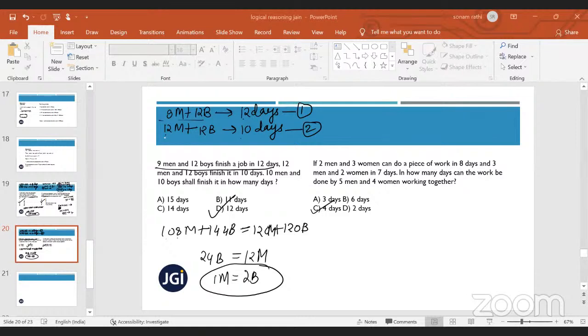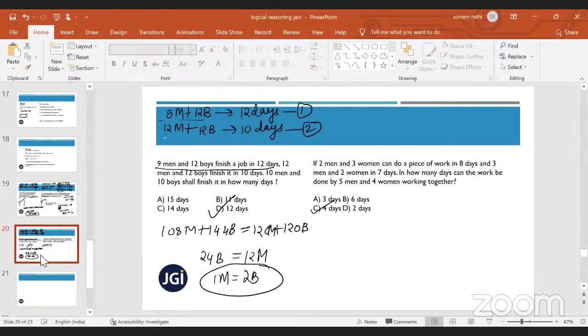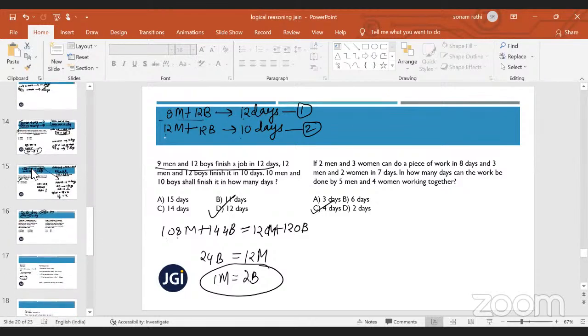Okay, let me give you more questions. Ma'am, please return. We found out 1 man equals 2 boys. From there, where do we substitute? I've done this type of question, a lot of questions. Please go back and check.